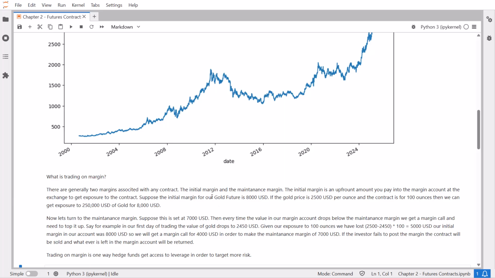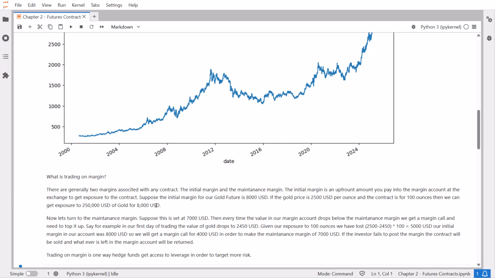So suppose the initial margin for gold is $8,000 and the gold price is $2,500 per ounce, and the contract is for 100 ounces. Then we can get exposure to $250,000 worth of gold for just $8,000. So these contracts allow you to leverage your positions and get much more exposure.